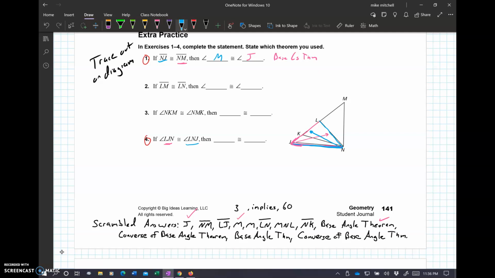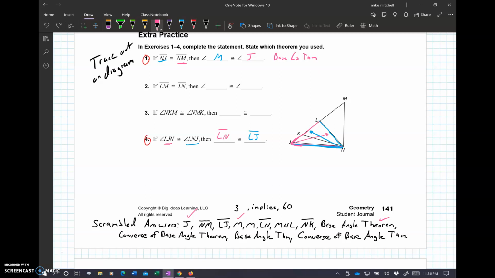We're not looking at angle M. Opposite this one's going to be LJ, and opposite angle J is going to be LN.